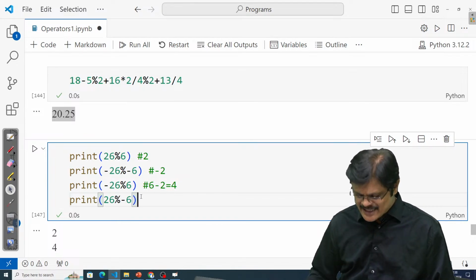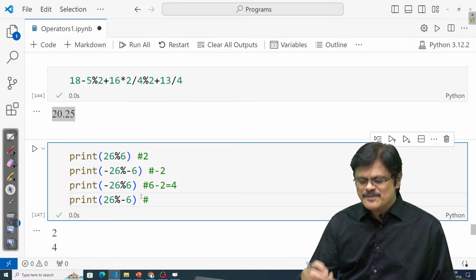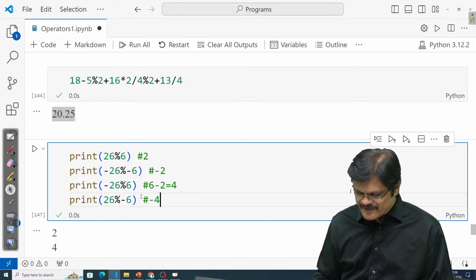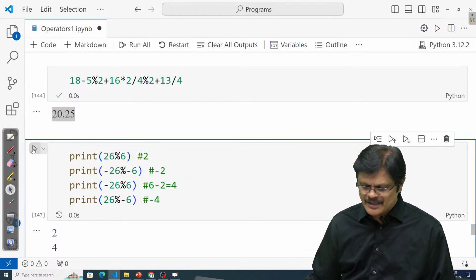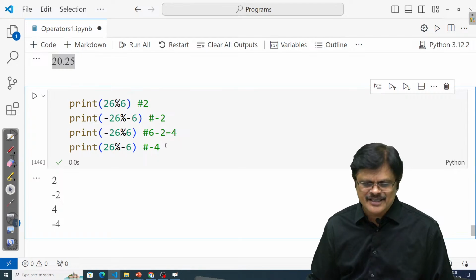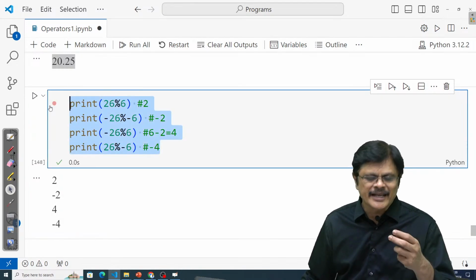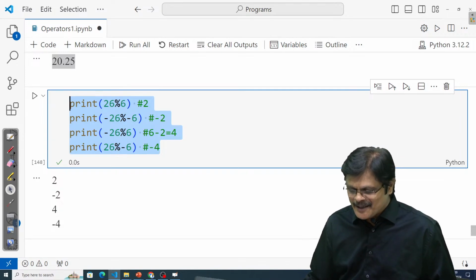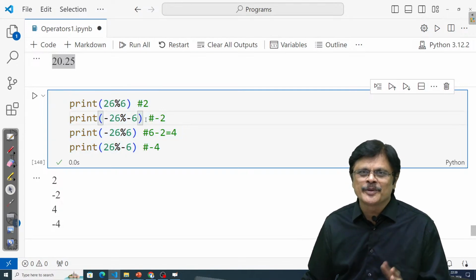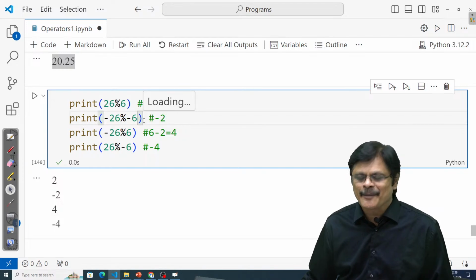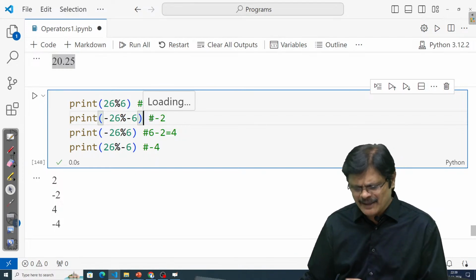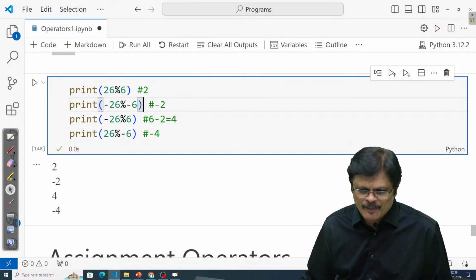The previous answer is 4, so minus 4 is the answer. That is the expected result, my dear friends. I want you to remember this modulus operator perfectly, because earlier with Jupyter Lab it was a little messed up, but please fix this properly, my dear friends.